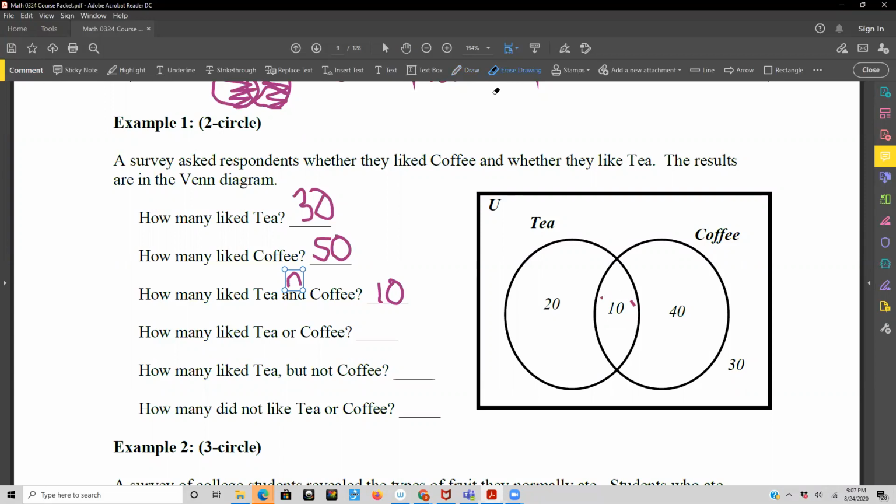There's that word or, which really means union. So I'm going to add up all my tea and coffee drinkers. I have 20 tea drinkers, 10 that drink both, and 40 coffee. If I add those up, 40, 50, 60, 70, I get 70 that like coffee or tea.